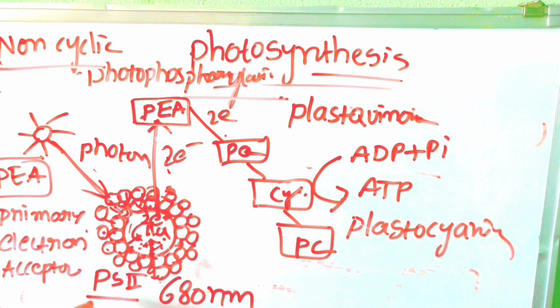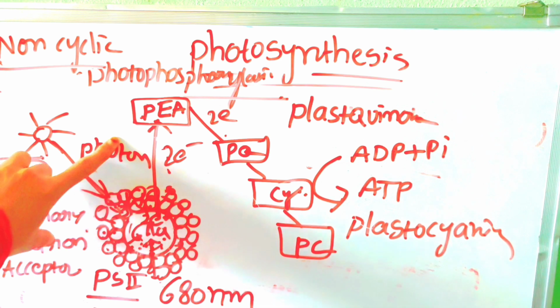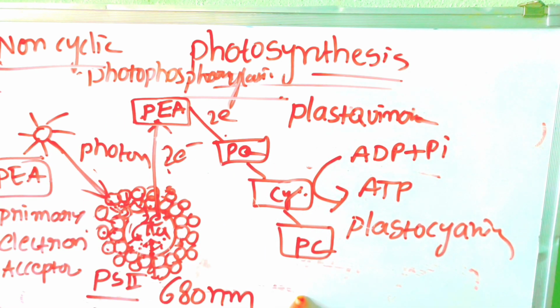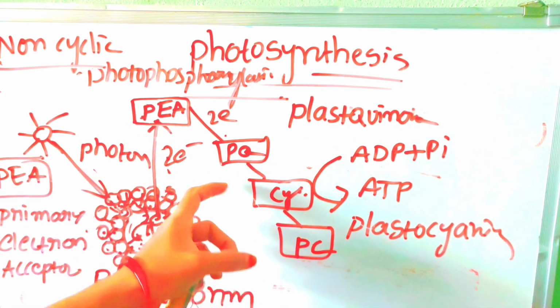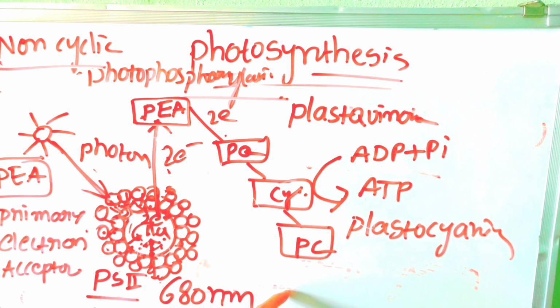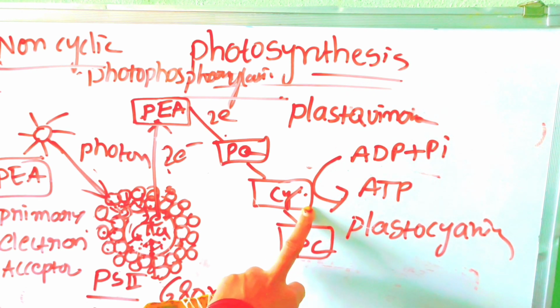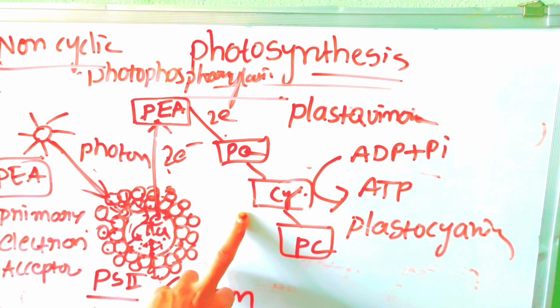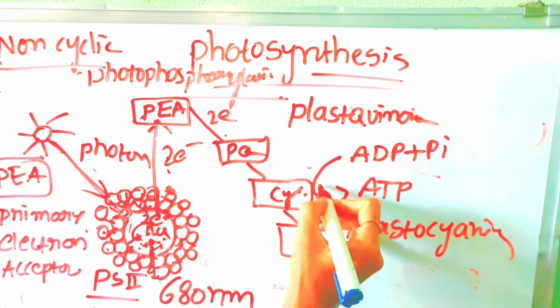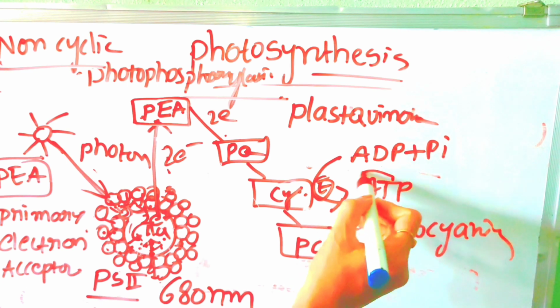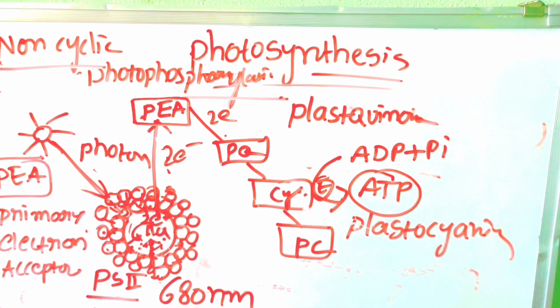So a pair of electrons comes back into the ground state from the excited state through the electron carriers, and some energy is released at the electron carrier cytochrome. That energy is utilized for the synthesis of ATP from ADP plus Pi.